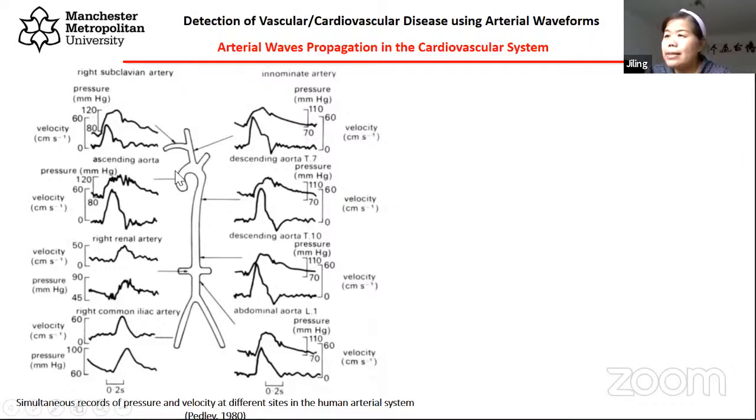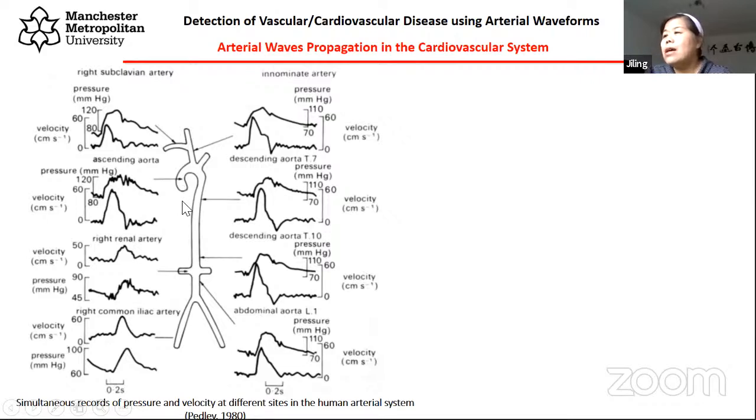Here is the ascending aorta connected with the heart, here is the arch of the aorta, and here is the descending aorta. Here is the middle part of the descending aorta. Here is the abdominal aorta, which then splits into the iliac artery and continues to the peripheral artery.